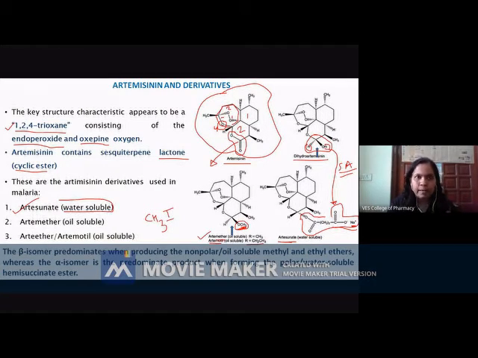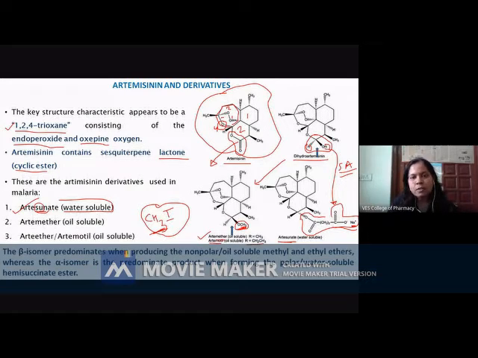So artesunate, that is an artemisinin derivative, is formed by conversion to the succinic acid salt. This "su" comes from the succinate. So that is water soluble in nature. While in case of the ethers, which were formed from dihydroartemisinin by reaction with methyl iodide or ethyl iodide, you are simply adding either one CH3 group or two CH3 groups.